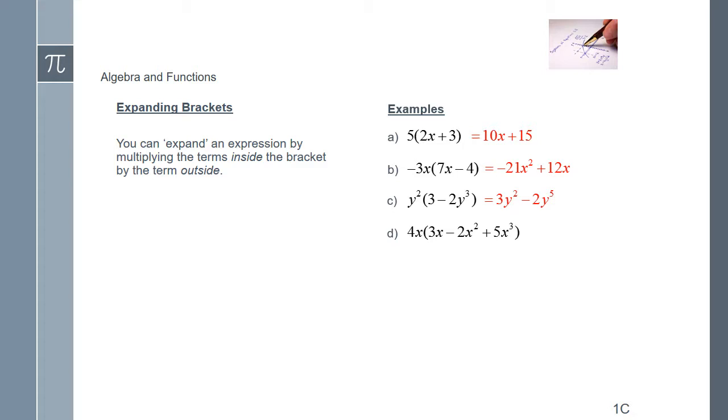Bigger bracket this time, 4x(3x minus 2x squared plus 5x cubed). Just times every term inside by the term outside. 4x times 3x is 12x squared, 4x times minus 2x squared is minus 8x cubed, and 4x times 5x cubed is 20x to the power 4.